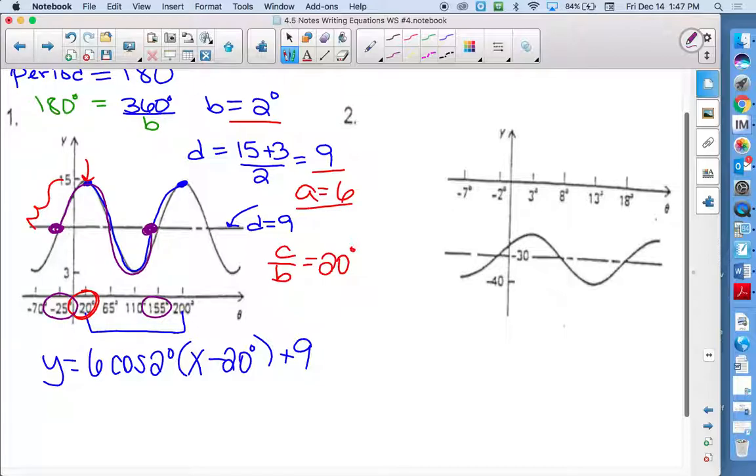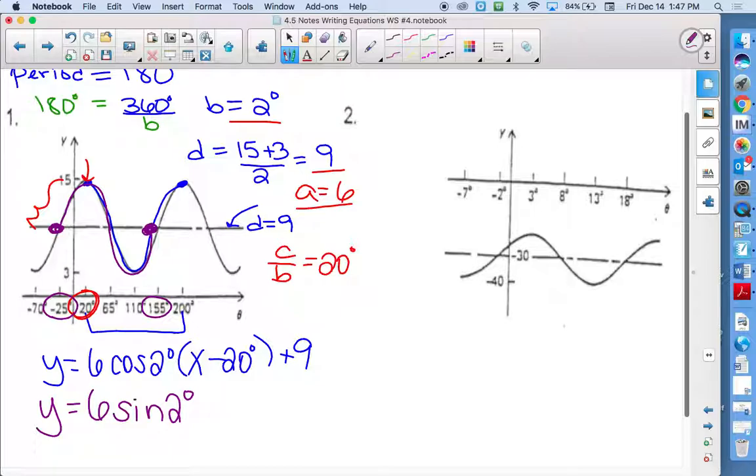What's that space in between? Libby? 180. So the period is not changing just because we have a sine graph. Does the height of the graph change? No, it still goes up to 15. So that's not going to change. So the amplitude is the same.